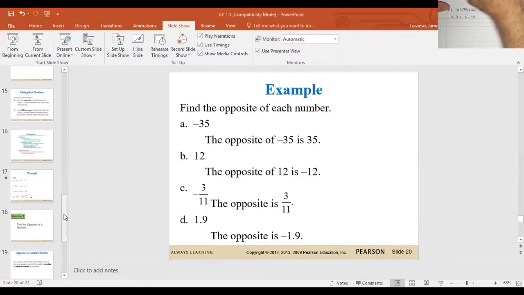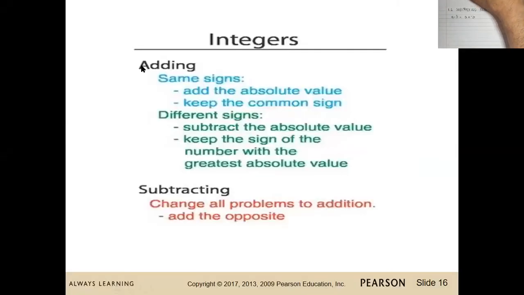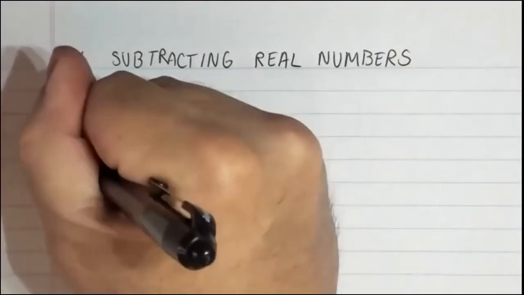So this was the slide that appeared a couple times, and I told you to ignore the subtracting part till we got to 1.6. So again, for subtracting, you're going to change all problems to addition and you add the opposite. So we're not subtracting, we're adding opposites, okay?